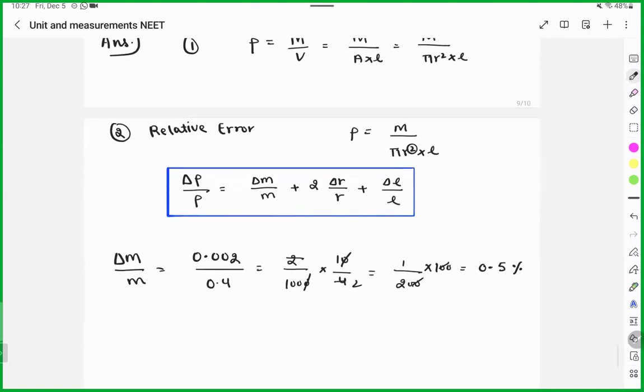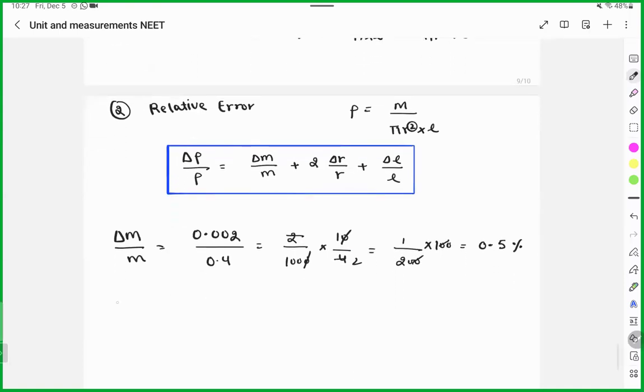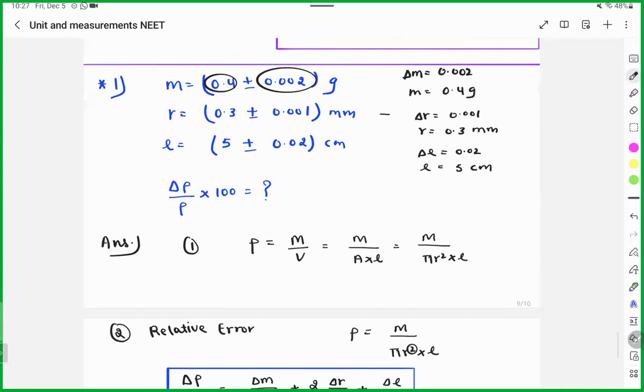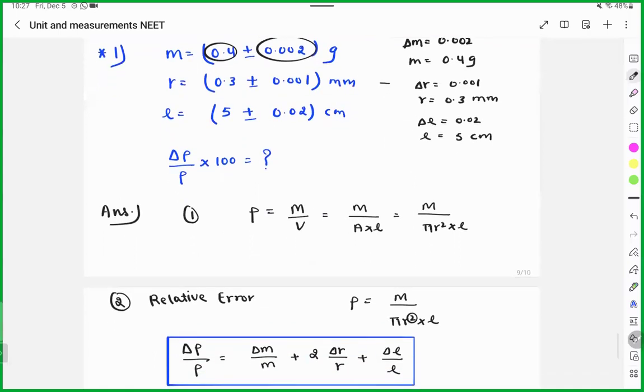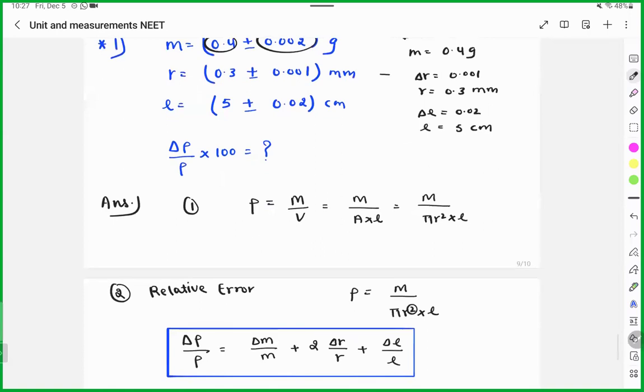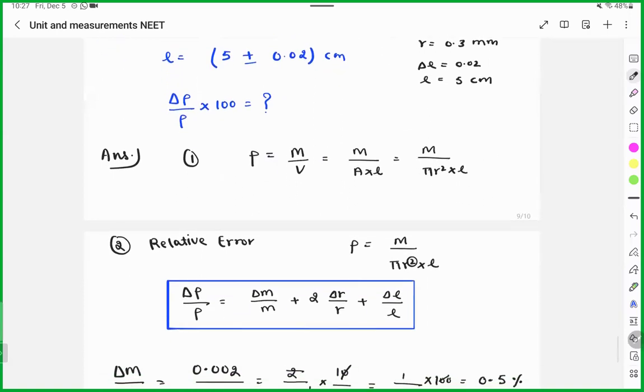Okay. Now you have to calculate radius because we have to do double of this. What is delta R value? 0.001. What is the radius value? 0.3 millimeter.